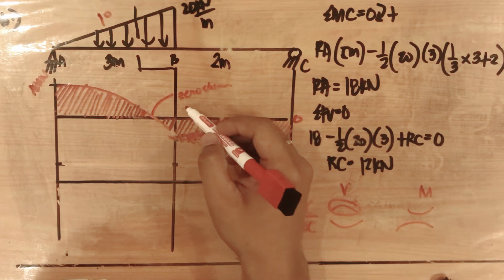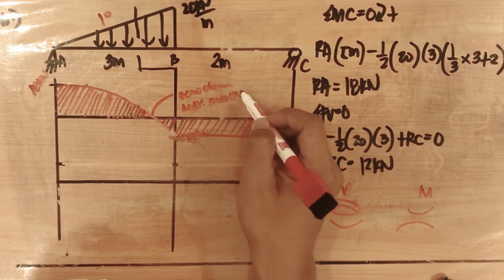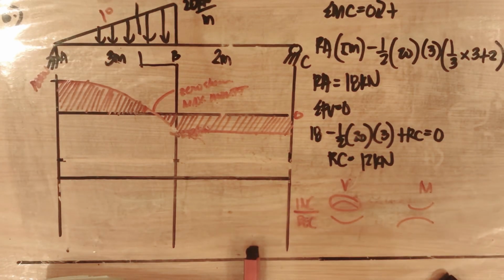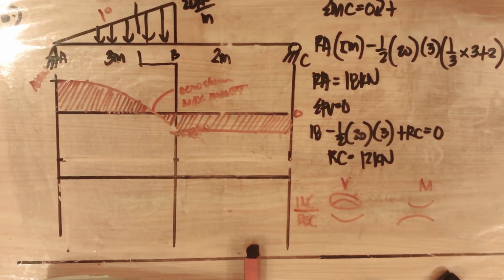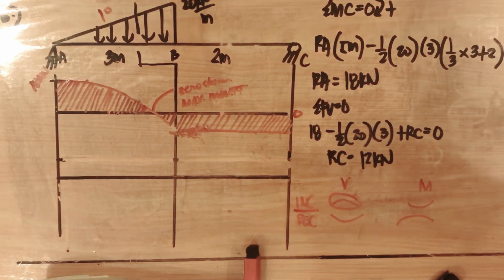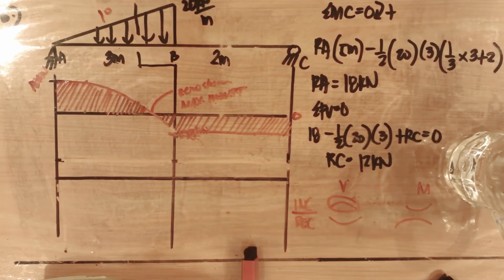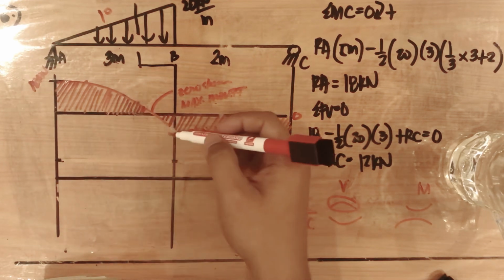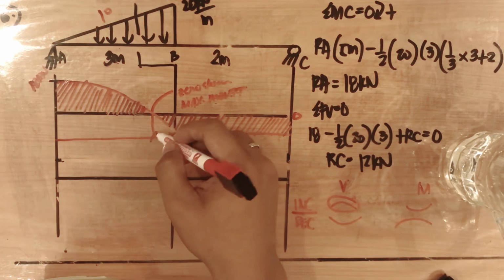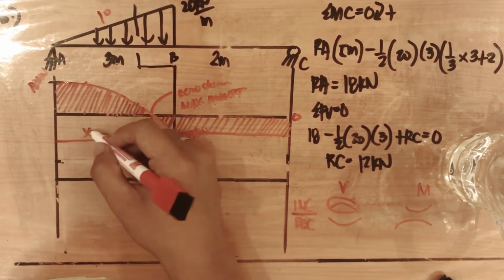So, it means the maximum moment is located here. So, this is where the maximum moment is located. Let's determine the distance from the location of the maximum moment to point A. So, let's determine the value of x.